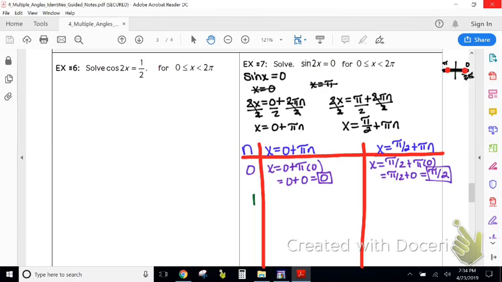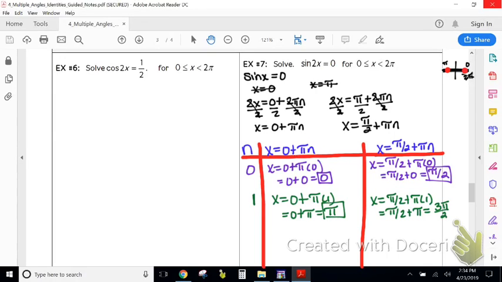Then plug in n is 1. And I got pi. Is that between 0 and 2 pi? Yeah. And then what's pi over 2 plus pi?